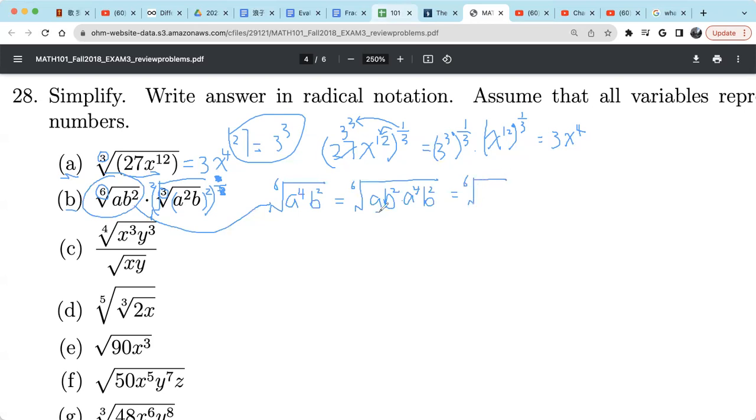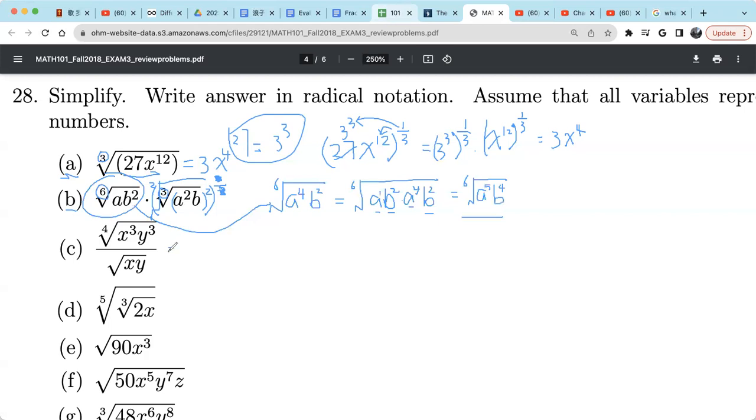So a times a to the 4th becomes a to the 5th power, right? Because the power of a here is 1, and 1 plus 4 is 5. And for b, we have b squared times b squared, that's b to the 4th power, because 2 plus 2 is 4. So this is our answer for B.